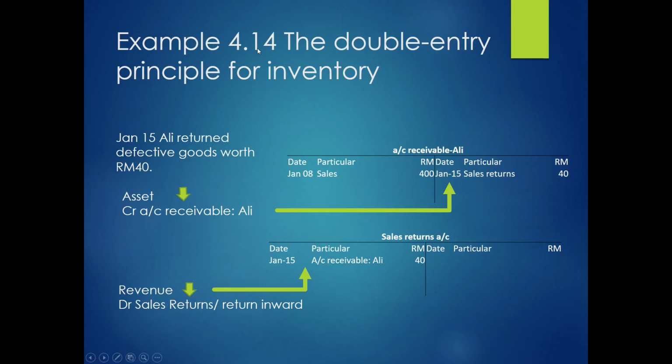Next example, 4.14, January 15, Ali returned defective goods worth 40 ringgit, which he previously bought from the business, amounted to 400 ringgit. Previously, the business sold goods by credit to Ali, amounted to 400 ringgit.